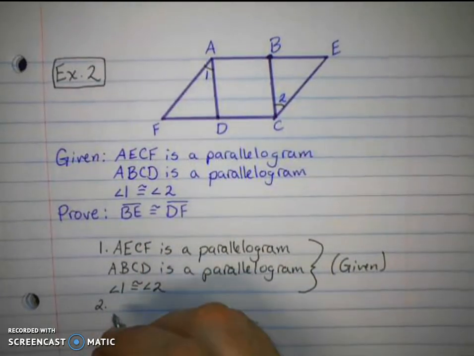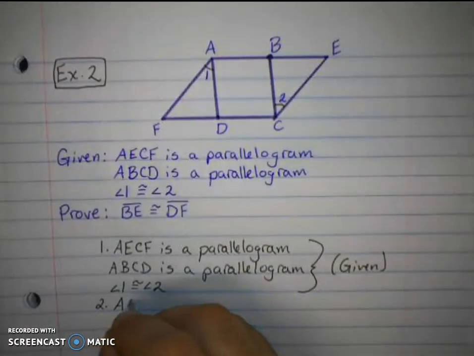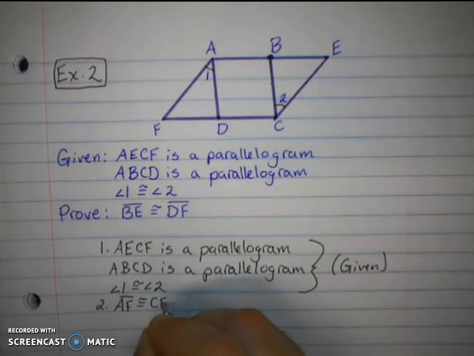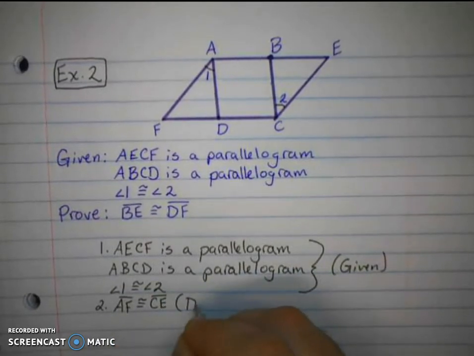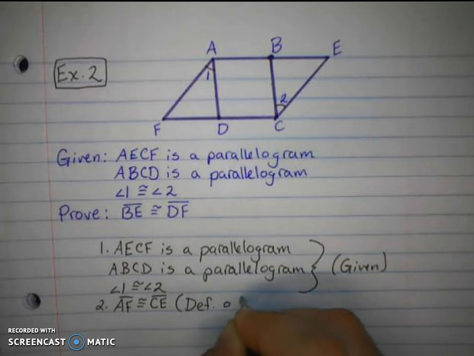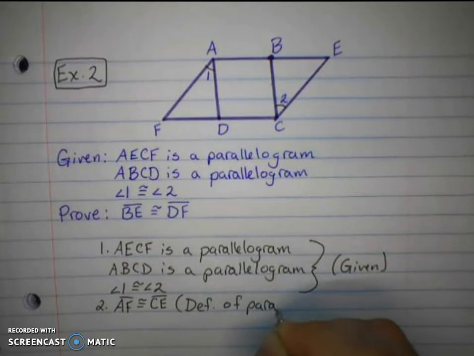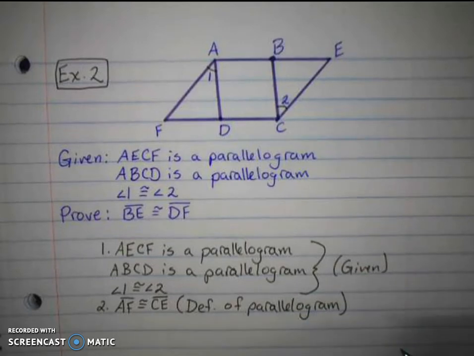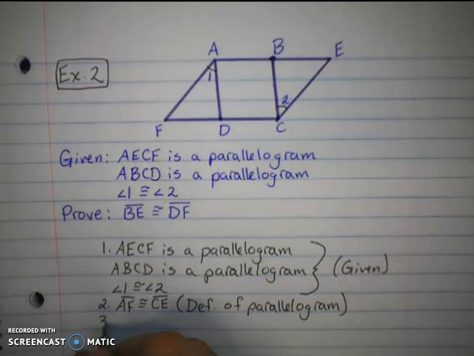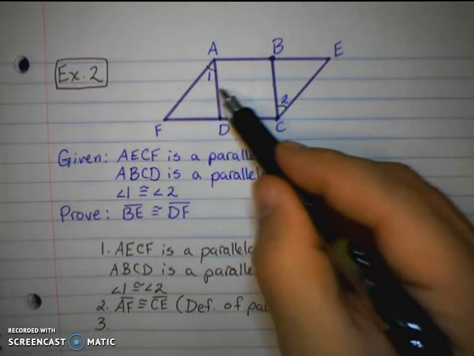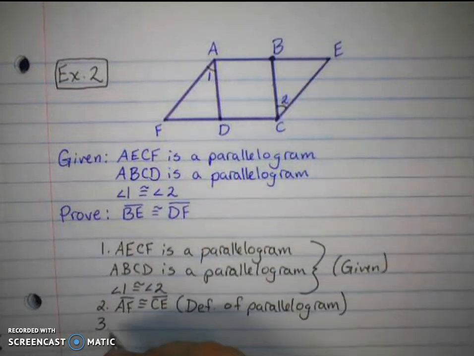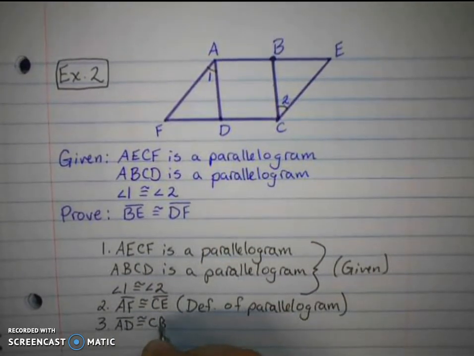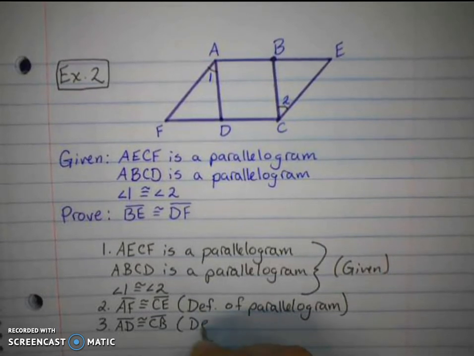We're going to say that AF is congruent to CE by definition of parallelogram. And that AD is congruent to CB, again by definition of parallelogram.